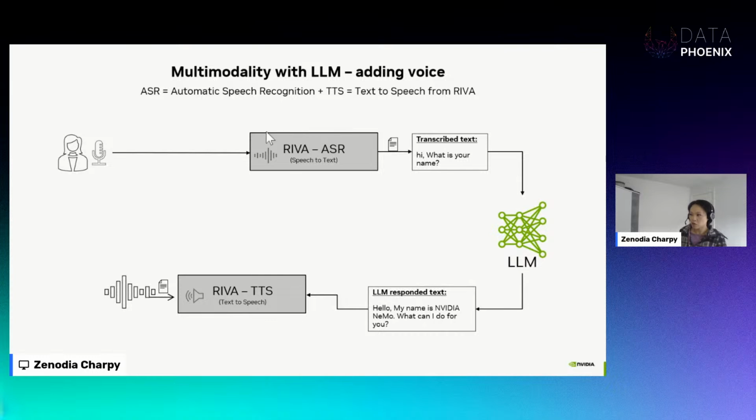We use a speech-to-text model, an automatic speech recognition model, which we also have from Riva, another SDK we have, to transcribe the text. This text will be digested by the language model, the foundation model. And then the completion, the response, will again use another Riva text-to-speech model as voice. Let's take a look at a demo about this.